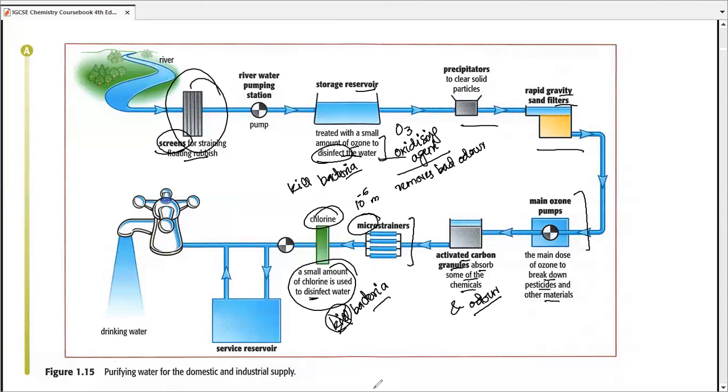Cambridge suggests that this kind of word does not leave a good impression on children. So let's not use these kinds of bad words. Let's use the word disinfect. Because if bacteria is present, that is infected water. Removing bacteria means water is disinfected. Hence, I would suggest not to use the word kill and use the word disinfect.